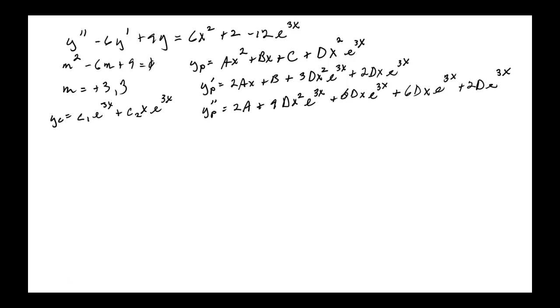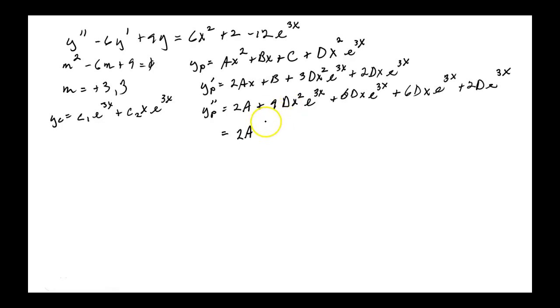Okay, on this one, let's see if we can combine any like terms. I'm not sure we can, but let's see. Yes, there are some. So the 2a stays 2a. And the 9dx squared e to the 3x stays as it is.